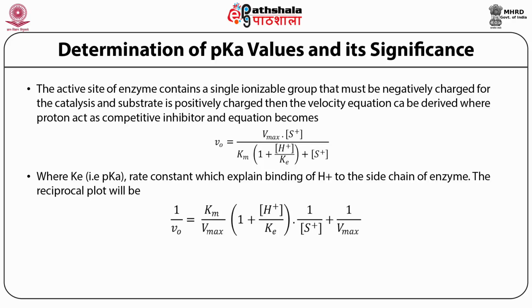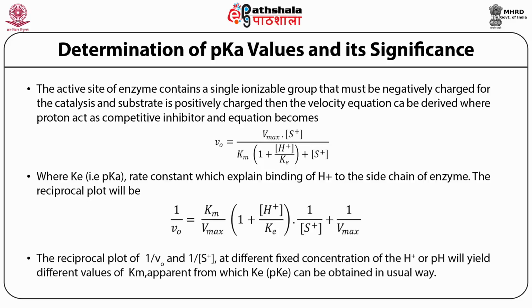If you make a Lineweaver-Burk plot of it, you have to make the reciprocal plot, which looks like 1 by V0 equals Km upon Vmax times (1 plus [H+] upon Ke) times 1 upon the positively charged substrate concentration, plus 1 upon Vmax.